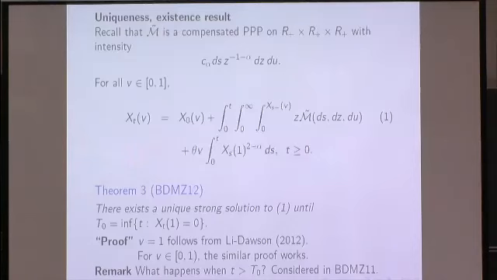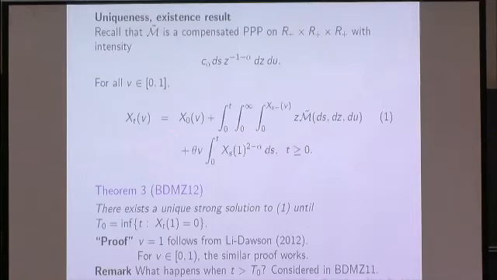If you take v equals 1, since as I said, when v equals 1, all the terms depend just on the total mass process. And then for v less than 1, in fact, a similar proof works, since whenever you establish uniqueness for the total mass, you can somehow treat this term as a fixed term.